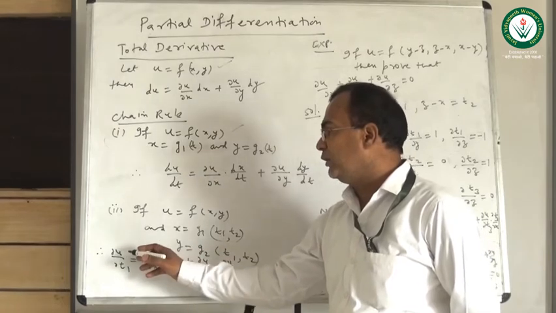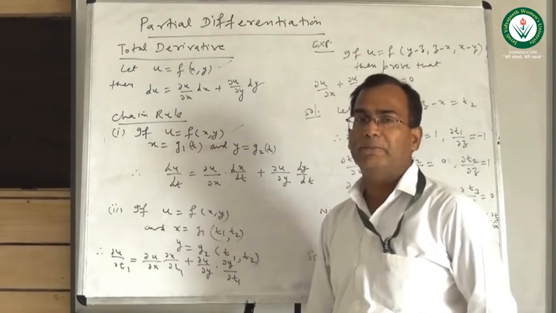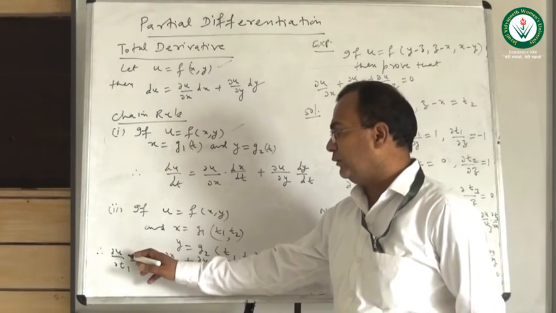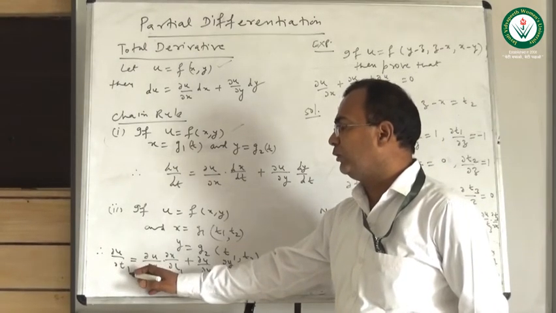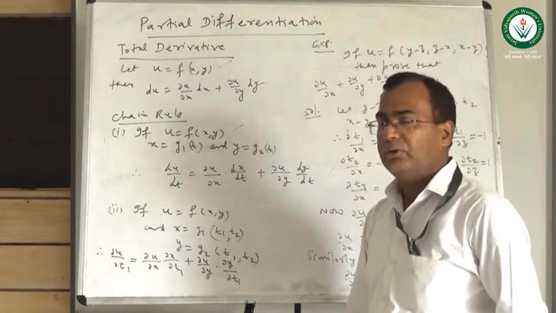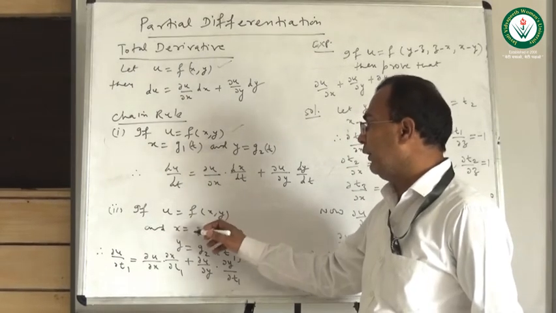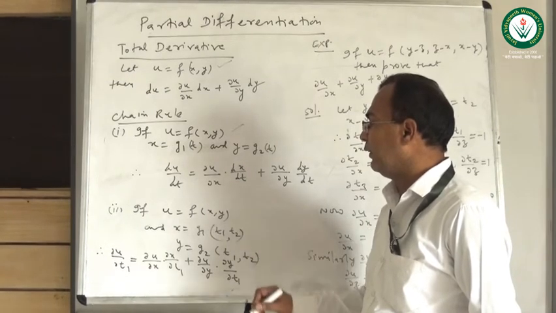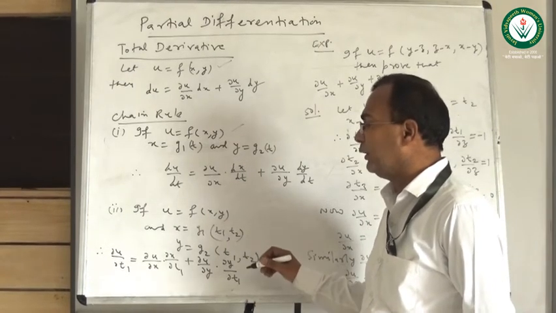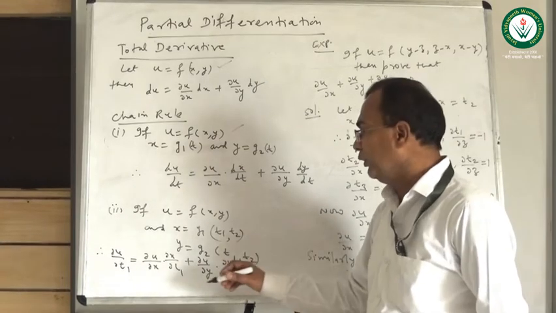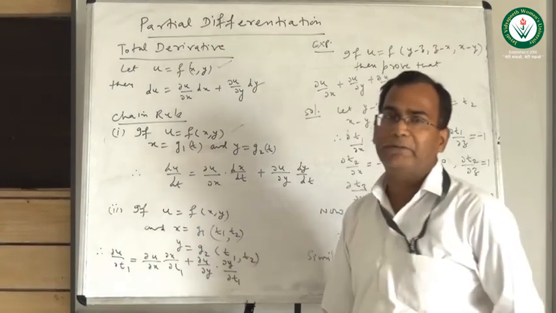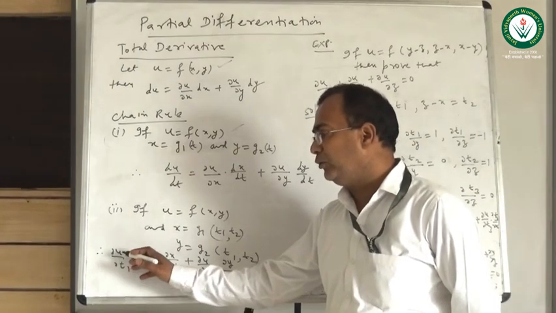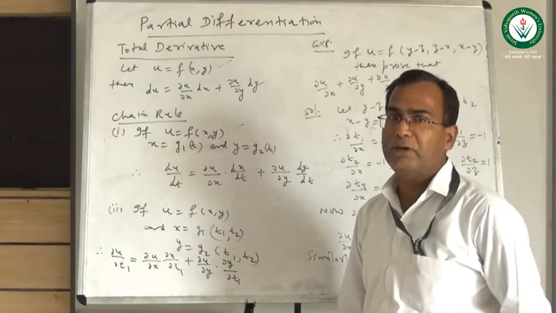Now we can differentiate function u with respect to the t1 variable. The function u can be differentiated with respect to t1 partially, because u depends upon more than one variable, x and y, and both x and y are functions of t1 and t2, which again depends upon two variables. So we have to find only the partial derivative. We cannot find du by dt1 because u depends upon more than one variable.